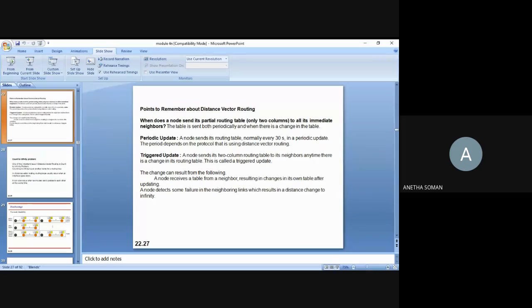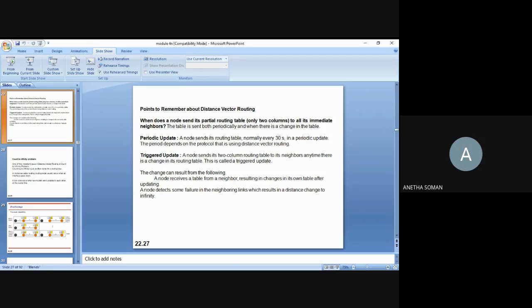I have told you the first 2 columns of the routing table are shared with the particular node. Now, you can do it in 2 ways. 2 types of updates are possible in distance vector routing algorithm. One is that the table is sent periodically. Periodical updation is there. The second one is when there is a change in the table.